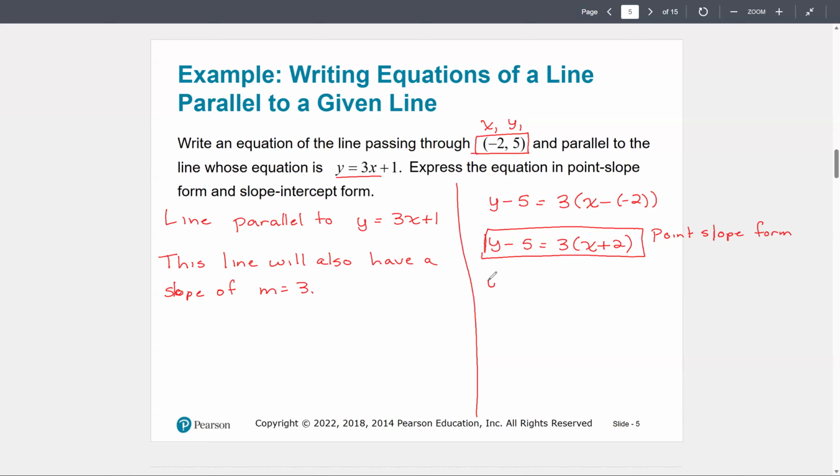Now if we start solving for y, if I distribute my 3, I end up with 3x plus 6. Then if I add my 5 to both sides, I get y is equal to 3x plus 11. So we see these lines have the same slope, they just have different y-intercepts. This will be slope-intercept form.